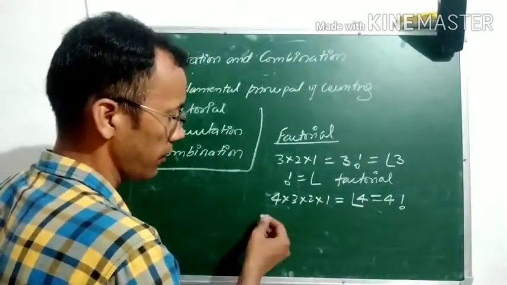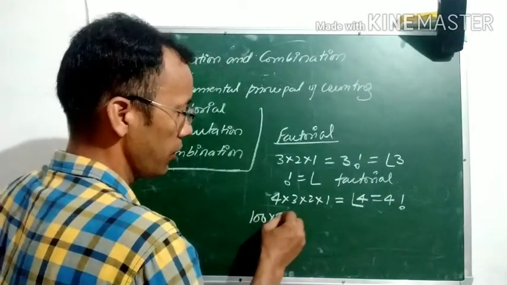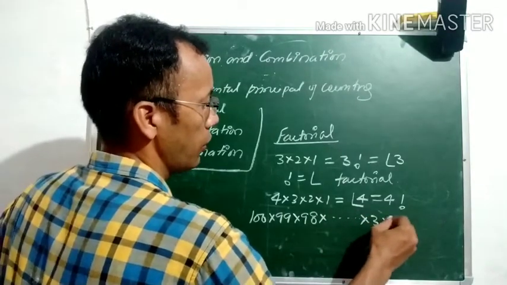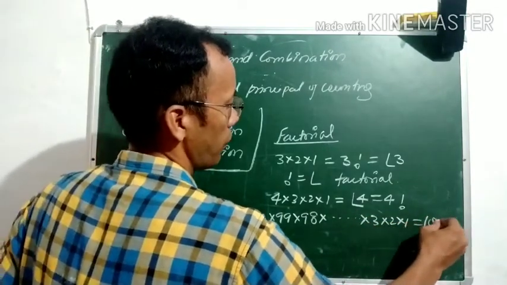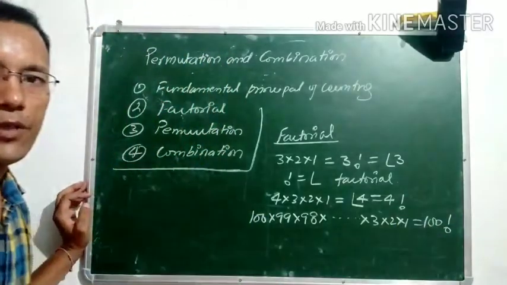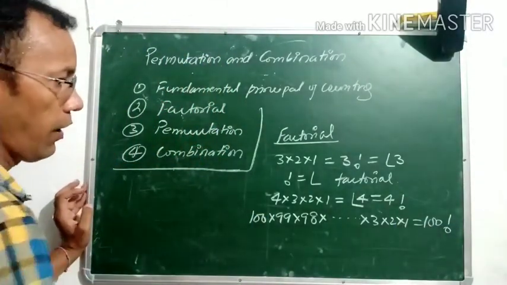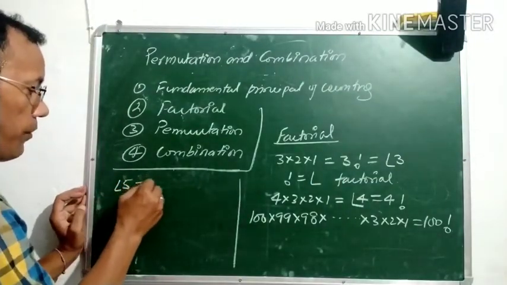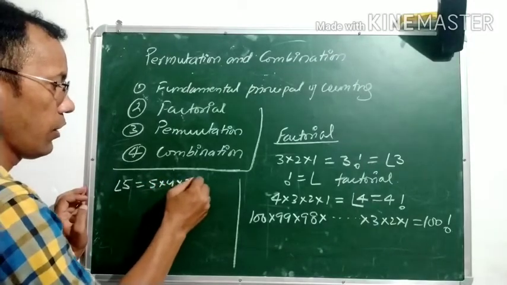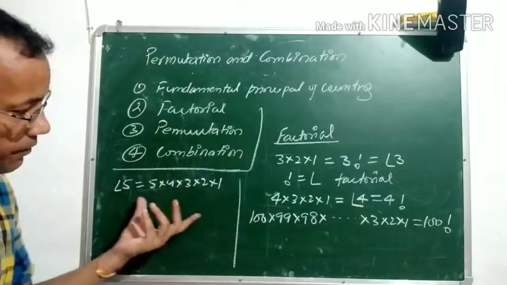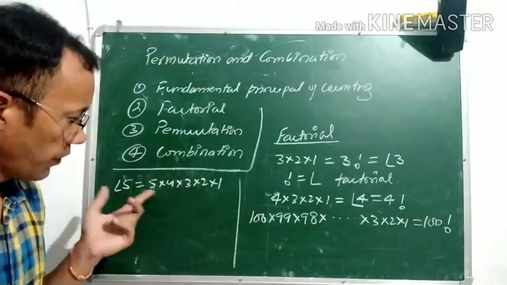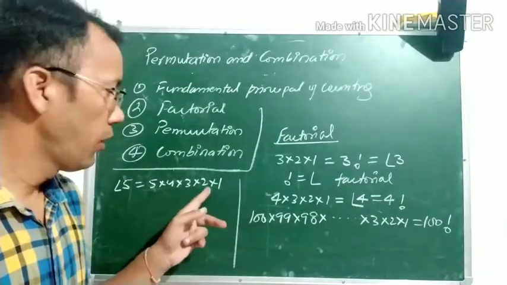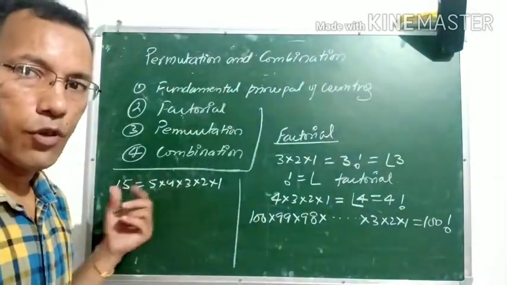If I write 100 into 99 into 98 and so on down to 3 into 2 into 1, this means 100 factorial. If you want to write 5 factorial, it means 5 into 4 into 3 into 2 into 1. So this is multiplication in descending order till 1, not 0. If I multiply by 0, then it will be 0, not 5 factorial.